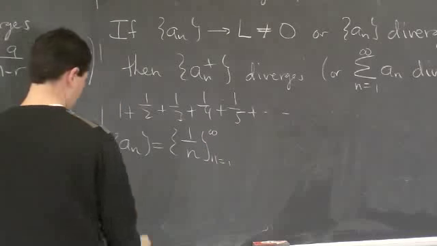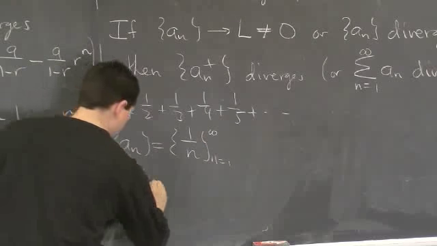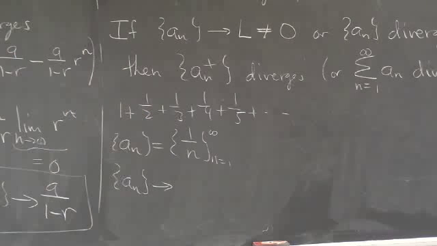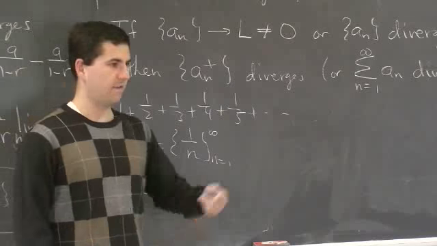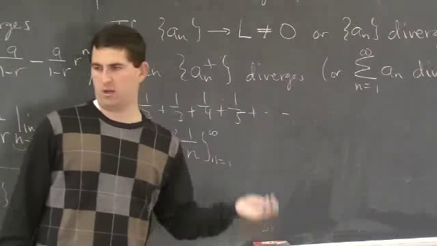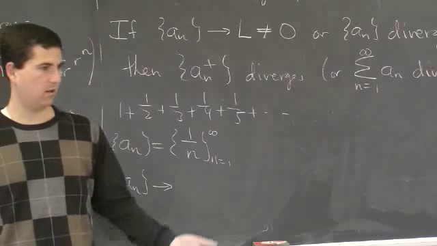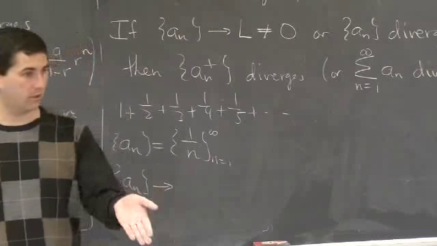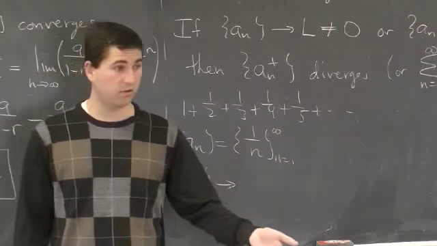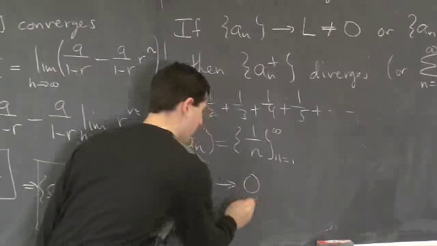So does a_n converge? Does this sequence converge? 1, a half, a third, a fourth, a fifth, a sixth. Does it get close to some number? What's it getting close to? 0. Does it get arbitrarily close? Sure. Does it stay close? Sure. This thing converges to 0.